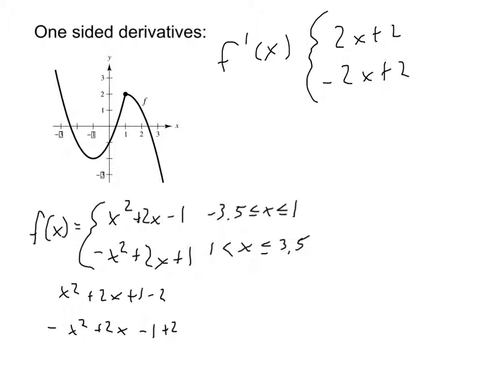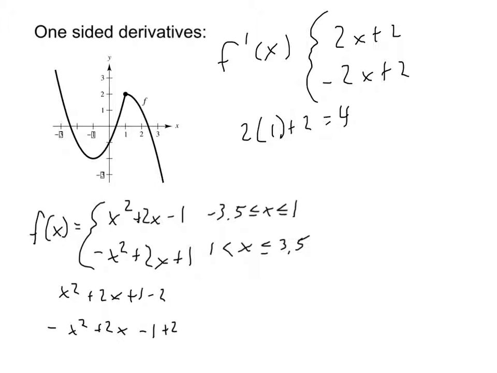So at an x value of 1, from the left side, it would be 2 times 1 plus 2, which is 4.